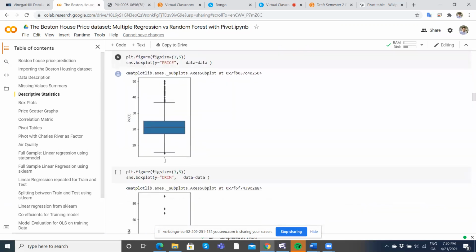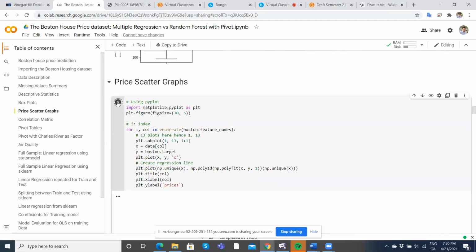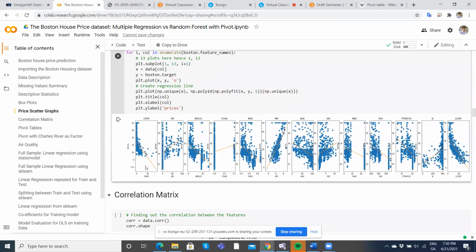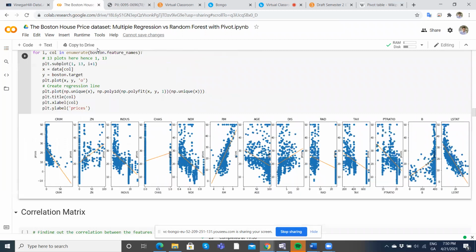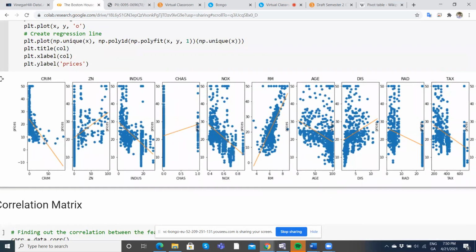So we've box plots. I'll just skip through the box plots for the moment. But if you look at this, we see a little bit the relationship between the price of the properties and each of the attributes.